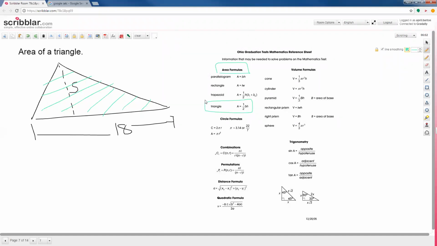But we have to know, what do all these letters mean? So area formulas, the A stands for the area. B and H. B stands for the base, and H stands for the height.